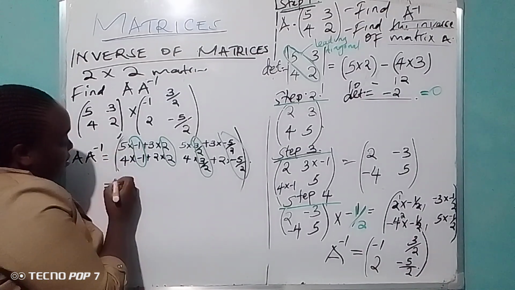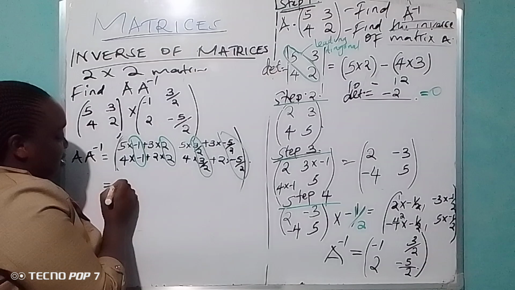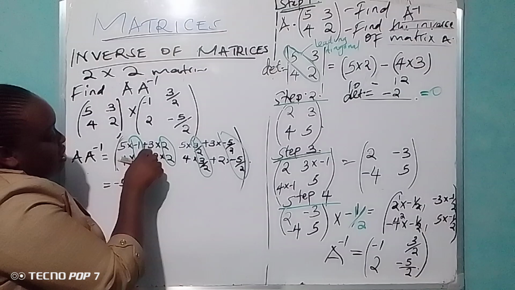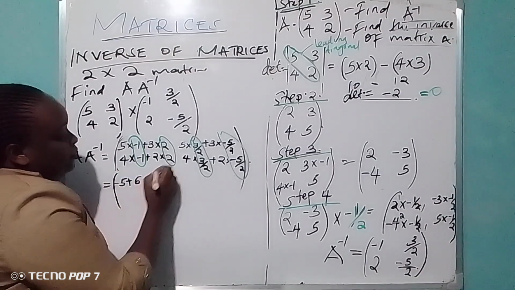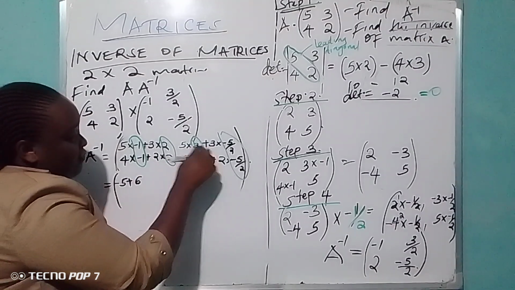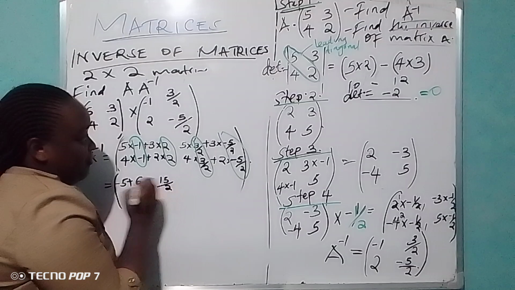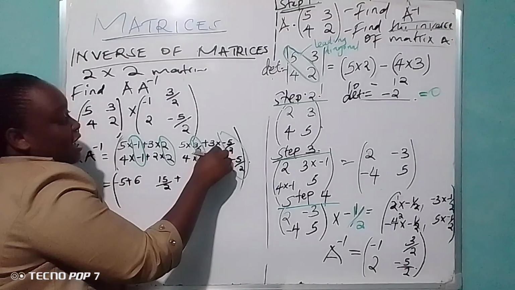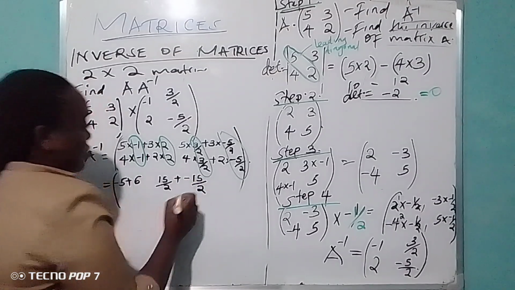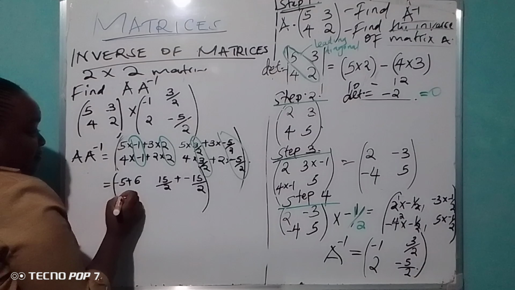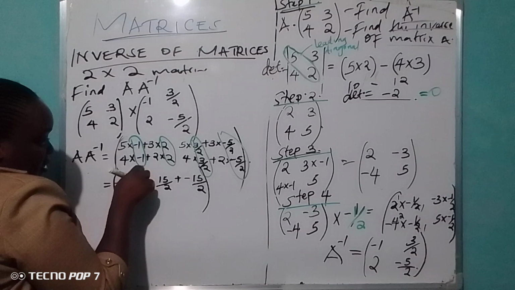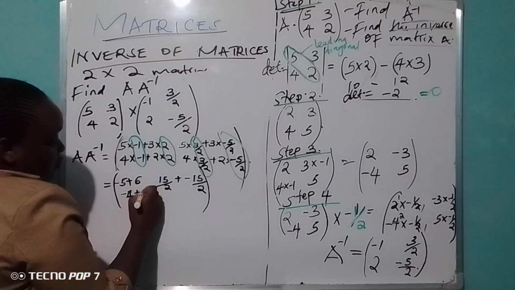So 5 times -1 is -5 plus 3 times 2. 3 times 2 is how much? 6, yes? 5 times 3 over 2 becomes 15 over 2 plus 3 times -5 over 2, -15 over 2. 4 times -1 is -4, right? 4 times -1 is -4 plus 2 times 2, 4.